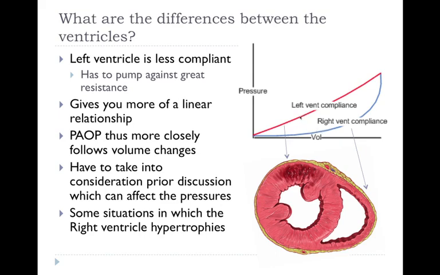Versus that same 500 change in volume, you would see a significant increase in pressure in the left ventricle. So having a much more linear relationship, such as is found in the left ventricle, is something that we find helpful when monitoring patients.